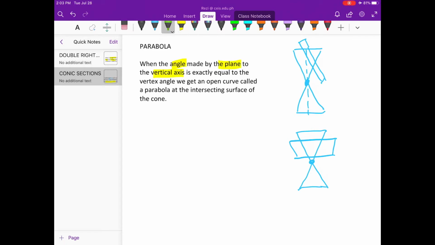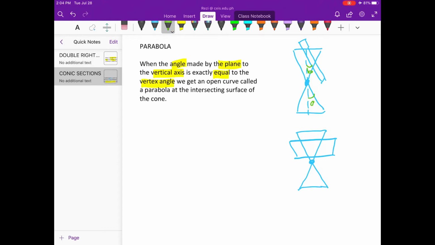So where can you find the angle made by the plane and the vertical axis? For example, here. Let's call this angle B. It should be equal to the vertex angle. Again, where's the vertex angle? It's below here.